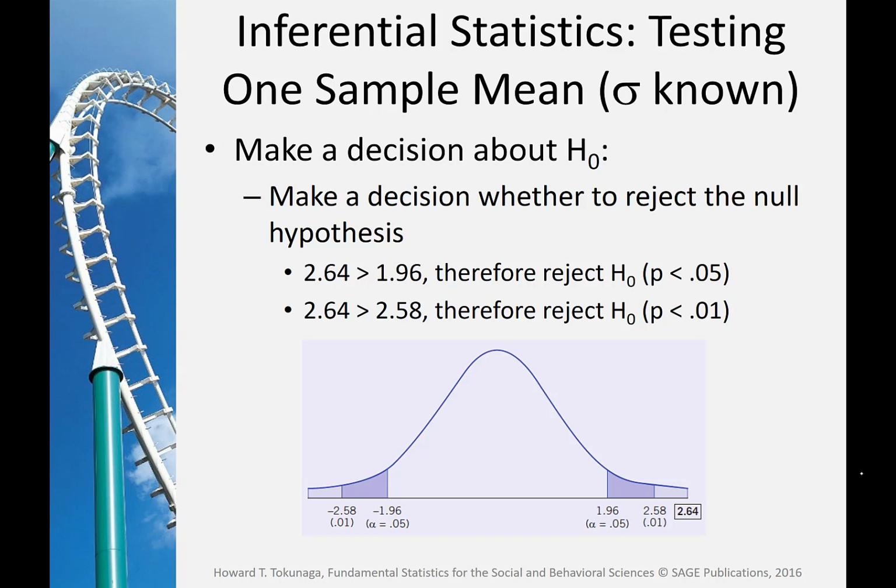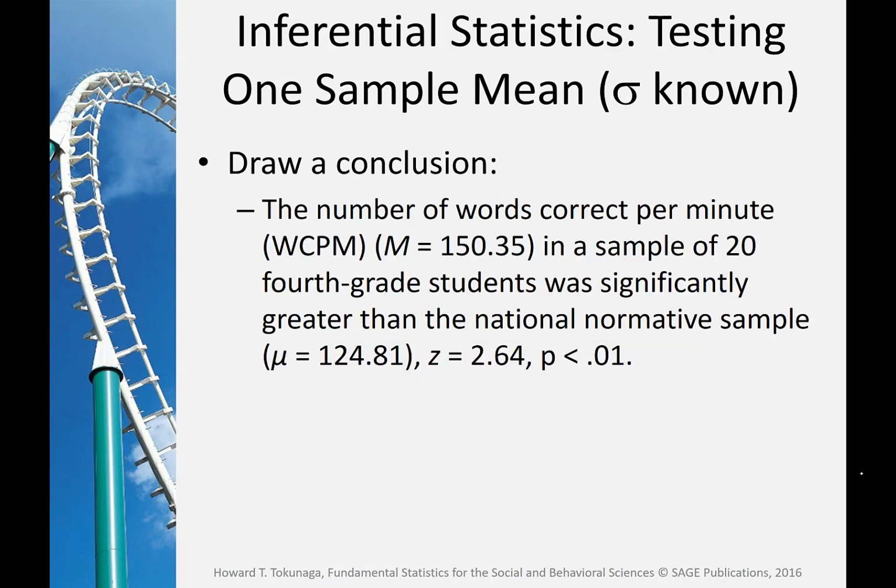So 0.05 is 1 star, 0.01 is 2 stars, 0.001 is 3 stars. I hate that. It's either significant or it's not. Because all I need to know is if you're going to reject the null hypothesis and say that you have evidence that your sample is different than what we would expect.